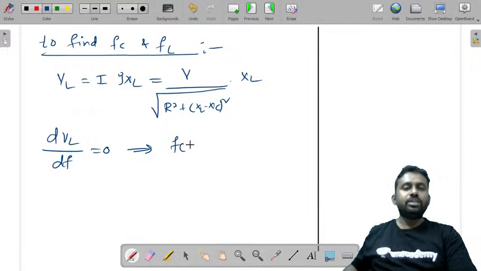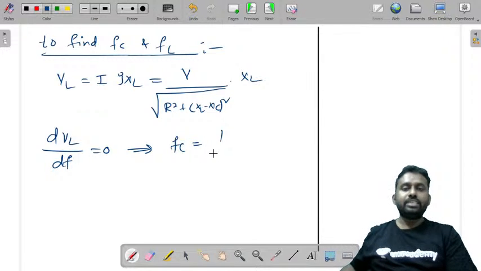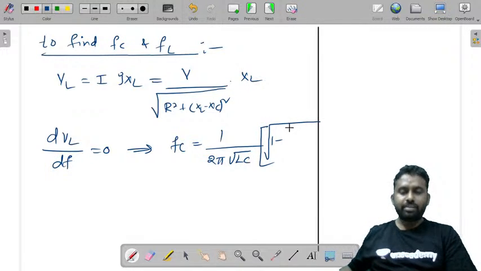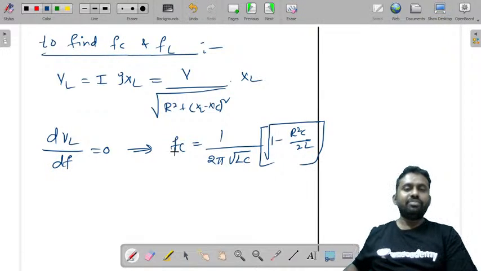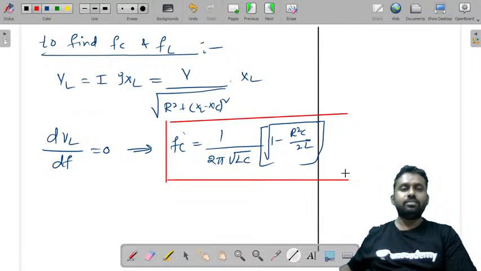When you equate it to 0, you can find FC as 1 by 2 pi root LC, 1 minus under root of 1 minus R square C by 2L. So this is the frequency at which the voltage across the inductor is maximum. Let me write this once again.